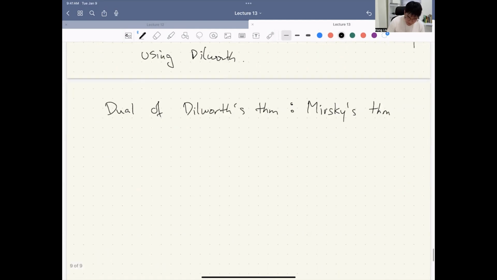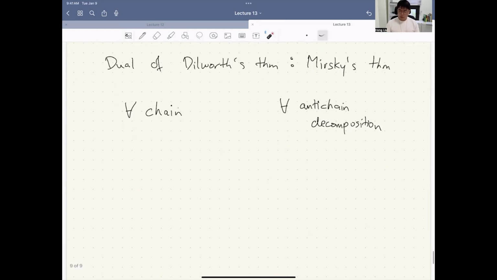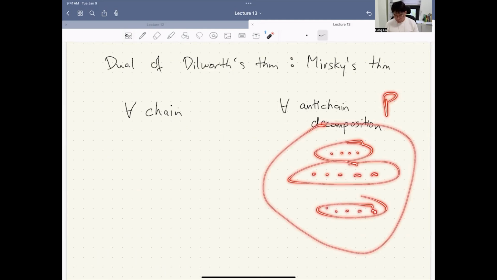So if you have a chain, take any chain and any anti-chain decomposition, okay, anti-chain decomposition means you partition your poset into pairwise incomparable anti-chains. Okay.